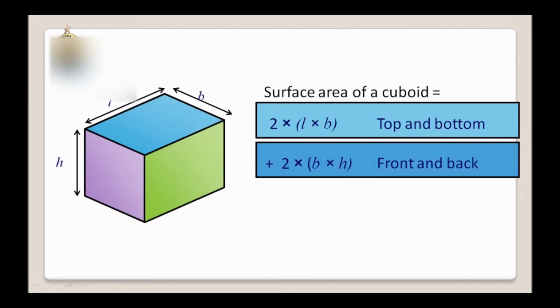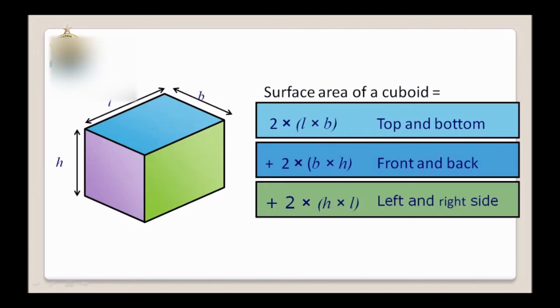In the same way, front and back sides have 2 areas. So we will multiply it by 2. In the same way, left and right side are 2 sides, and we will multiply with 2.